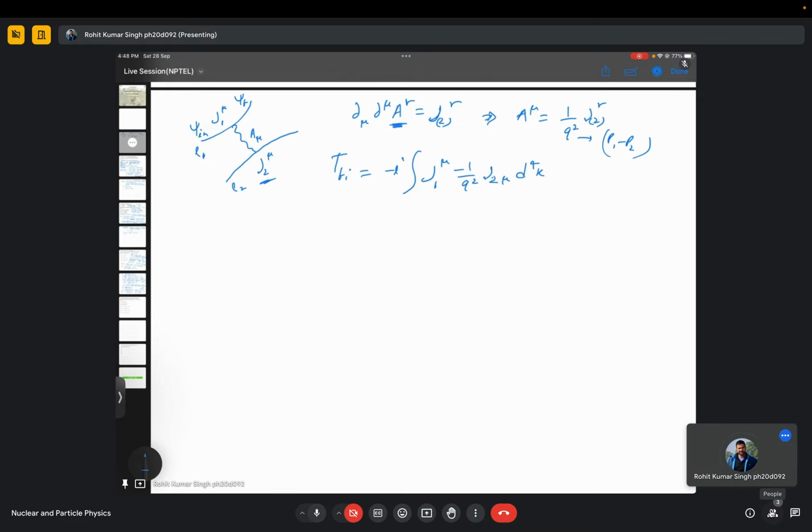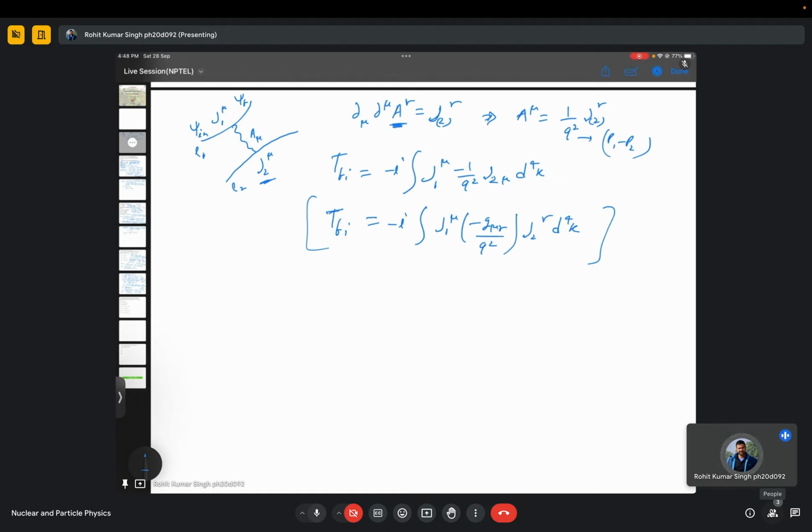Or you can take the indices up. So J1 mu g mu nu by q square J2 mu d4x. So this is the transition amplitude for interaction of two electrons.